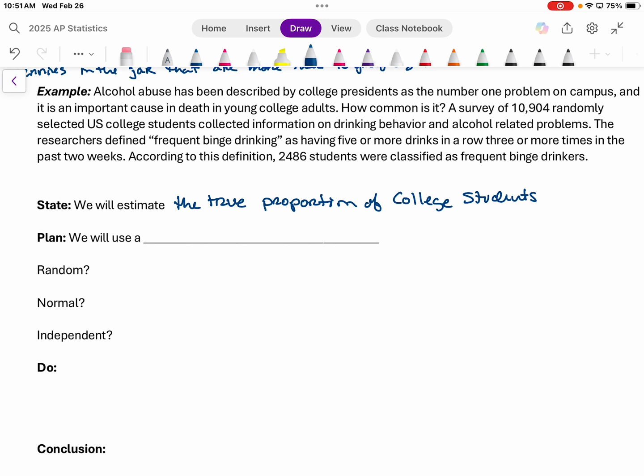Now, was this survey done across the whole world? It was specific to the U.S. So we may want to say proportion of U.S. college students or college students in the U.S. We'd want to specify that because, outside of the United States, what's the drinking age typically?